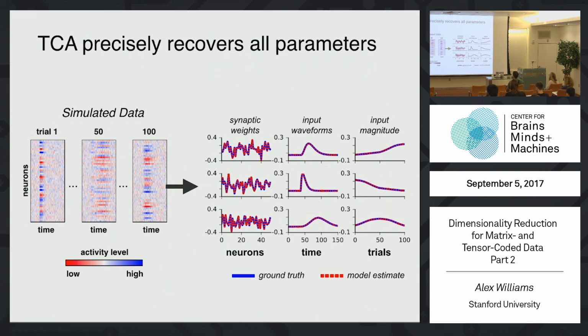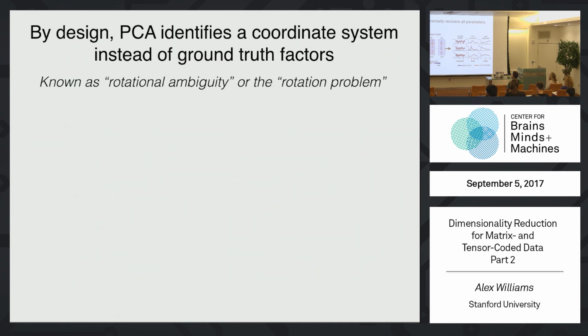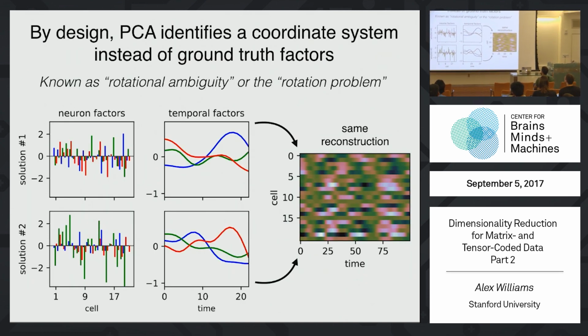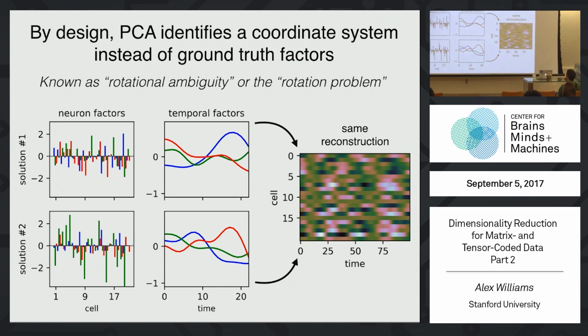If you use TCA, it's actually a remarkable result that you get the exact parameters of the model. So basically, this is saying that this is a statistically identifiable model. And going back to the first part of the talk, the reason PCA fails is by design.